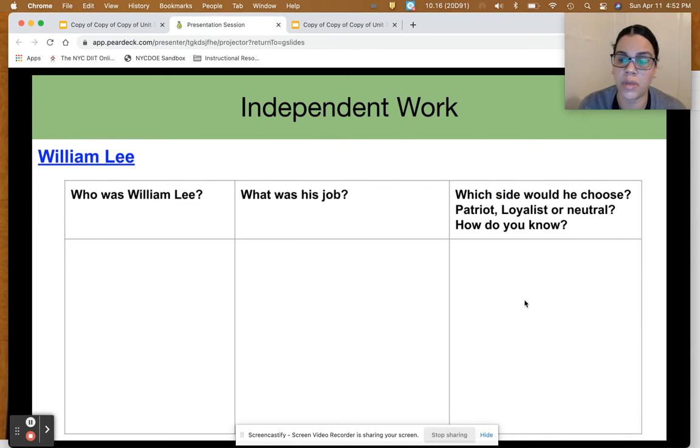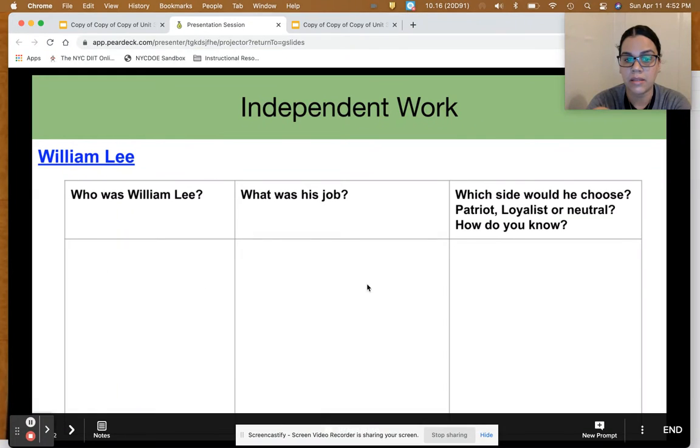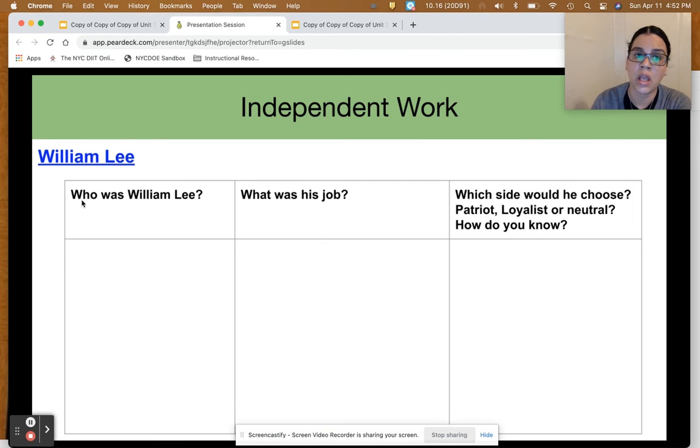Or it could also be on a Google Doc where groups of students log in and type in their responses. Any of those would work to support students in understanding how to identify whether an enslaved African or an enslaved Black person would be fighting for the Patriots, the Loyalists, or stay out and remain neutral.